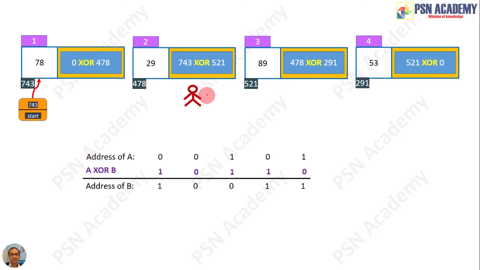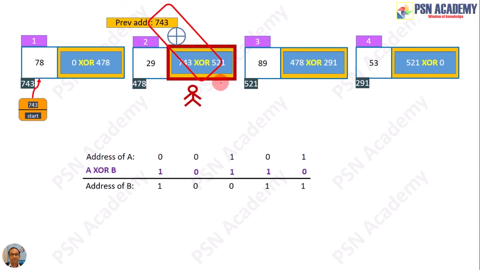Similarly, if you want to move from this node at 478 to this node at 521, then you arrange the previous address, that is 743, which is the previous node now, and you perform the XOR operation with this XORed value, and you will get 521 as a result, right?